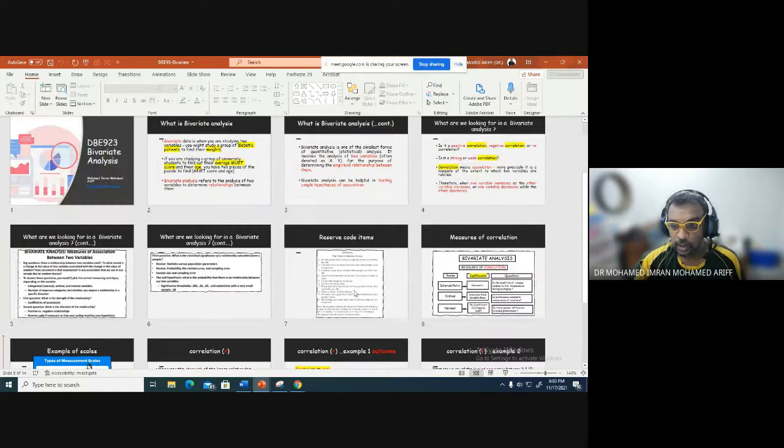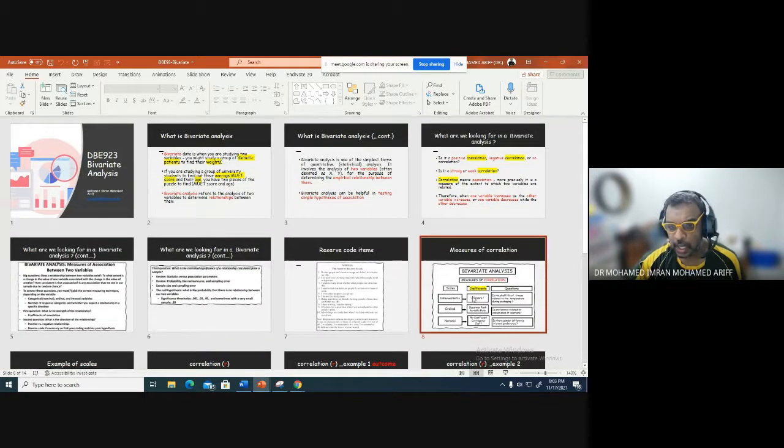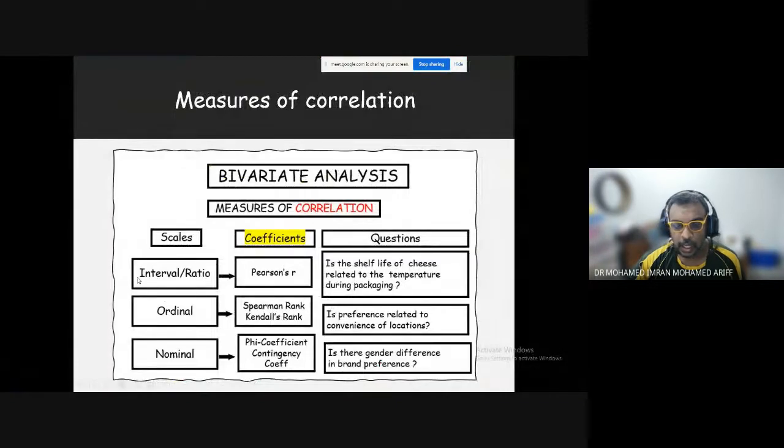That is the most important thing. Let us just jump to this slide first, slide number 8, before we start back at slide number 4. This slide gives you the overall picture of bivariate analysis. Our main objective is to measure the correlation. What is correlation? We will cover that shortly.